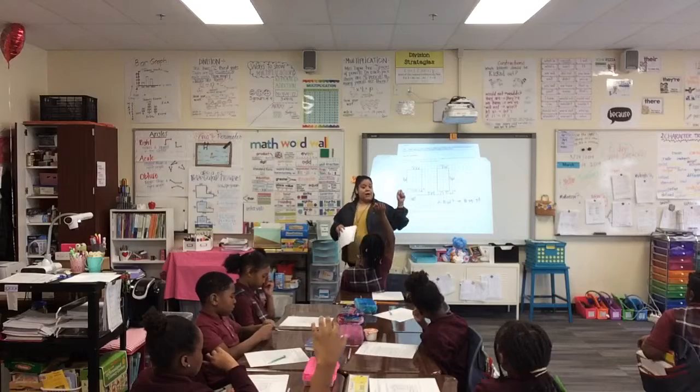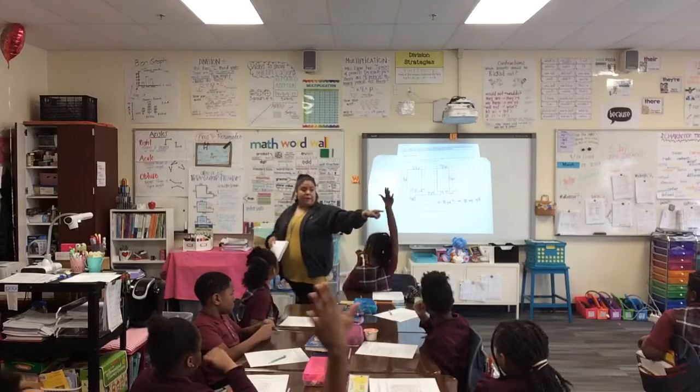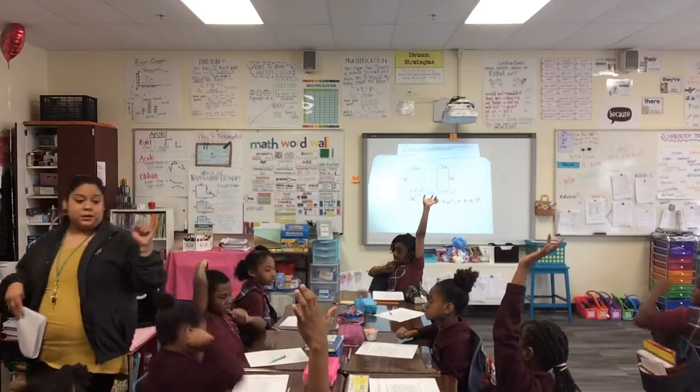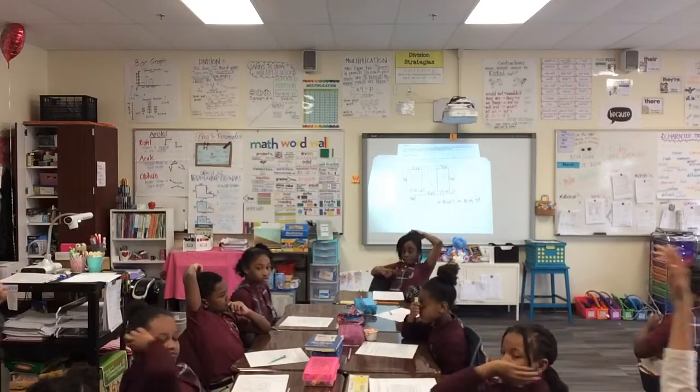So, using our actual area, how can we make Rainbow's answer and Taya's answer the best answer? Jaden?